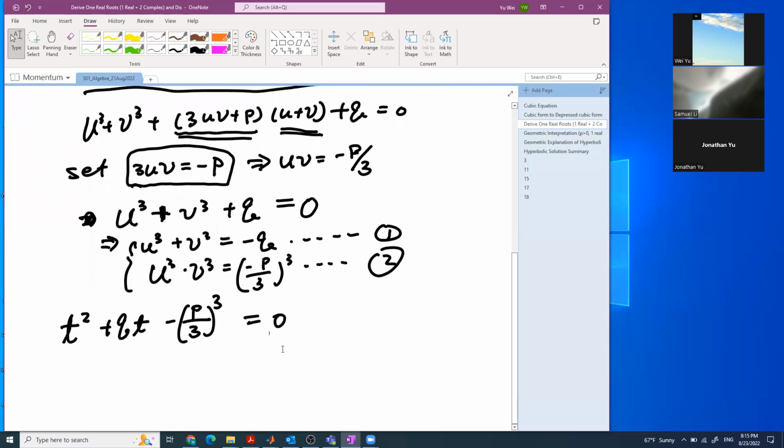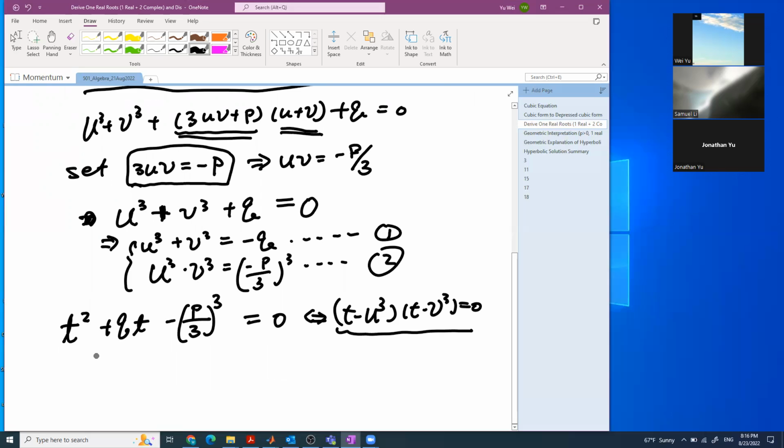Is this equivalent to t minus u cubed times t minus v cubed equals 0? Yes. Okay, so what's the next step?